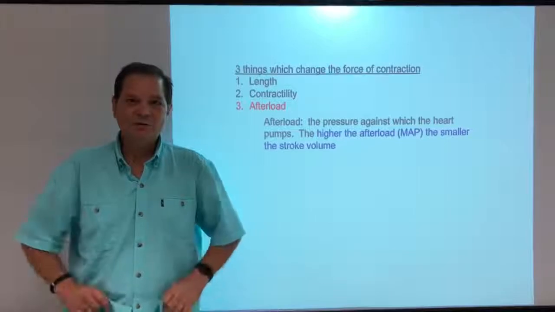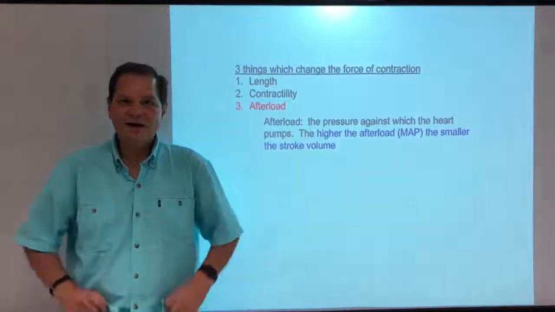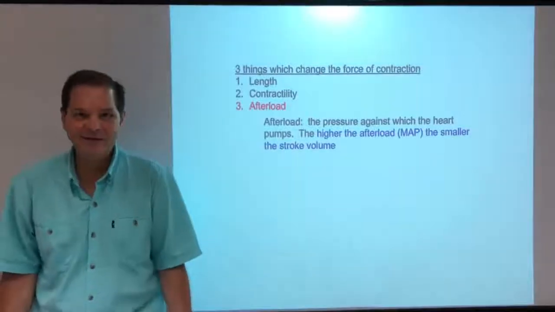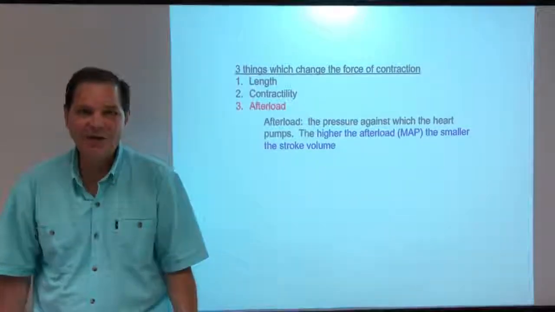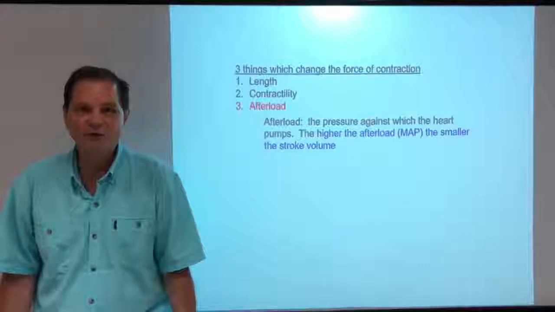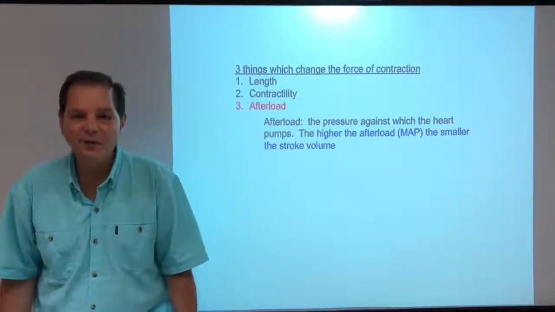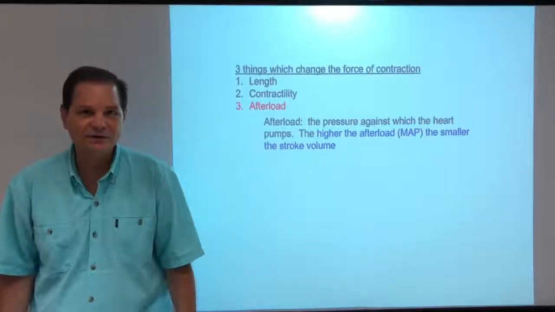There isn't much load on the muscle, and my muscle has a very easy time doing that. If I have to lift something heavy, like this table, now all of a sudden, it's much harder for me to contract that muscle. I've increased the afterload on it. So that alters the way that the muscle functions.